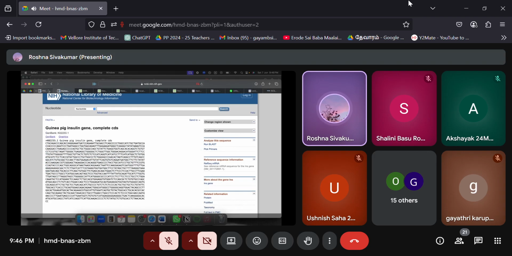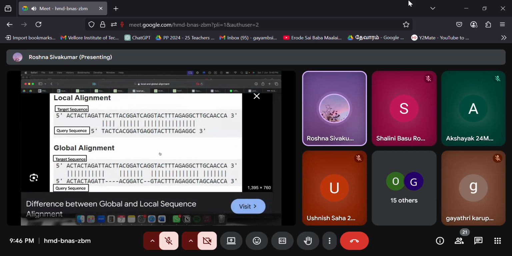I just wanted to get creative. Anything but human was my idea. So we have two different animals' insulin genes, and we want to find what sort of similarity there is, or if there's anything convergent in this way.